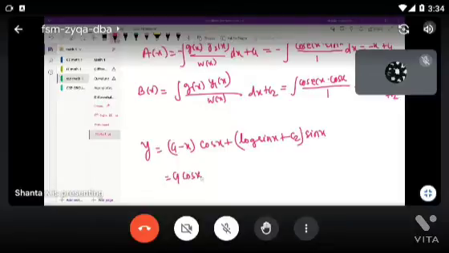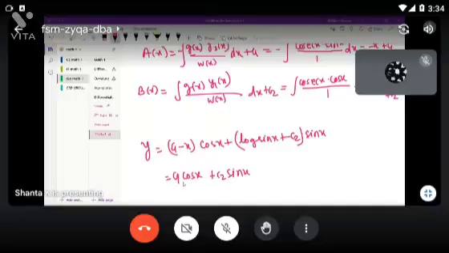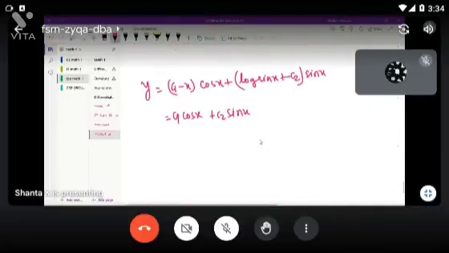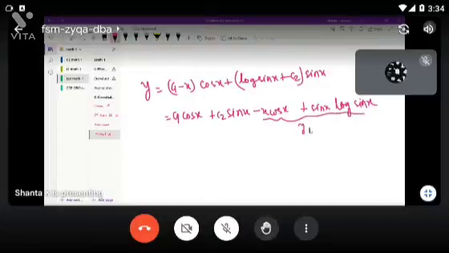C1 cos x, the complementary function part, plus C2 sin x. The first part is the complementary function, so here what we have written is a cos x, b sin x. And the next part is minus x cos x plus sin x into log of sin x. Okay, so this is your particular integral.